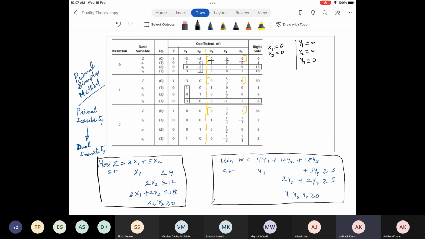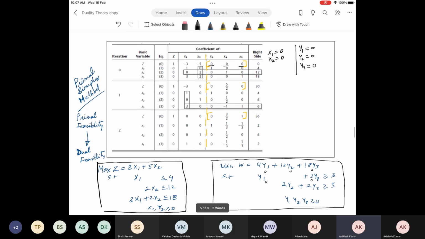Now check which one amongst primal and dual is feasible, by plugging x1, x2 equals 0 into the constraints. It's feasible. Now check the dual with the dual variables. Is it feasible? No, sir. If you put 0, 0 here, greater than or equal to 3, it is not feasible.